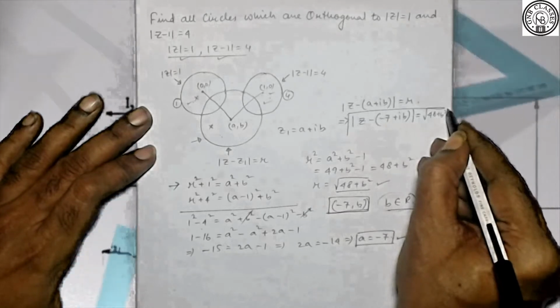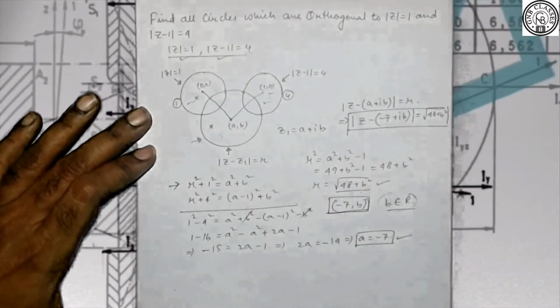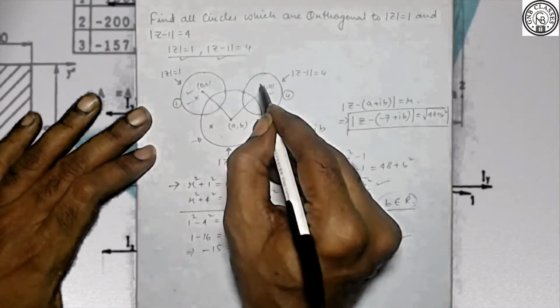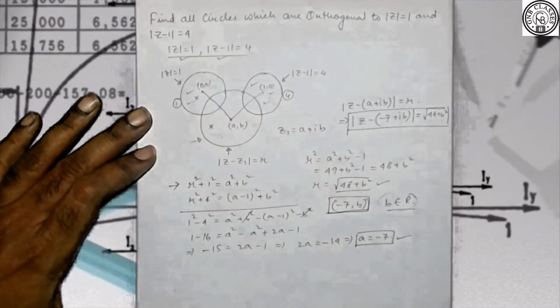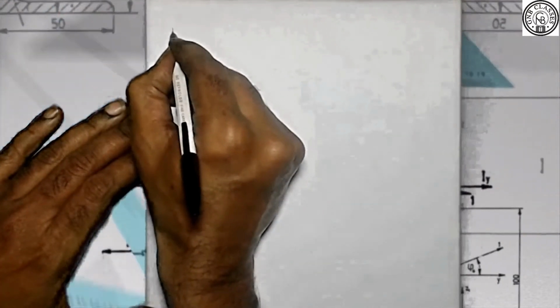So this is the system of those circles which are orthogonal to these two given circles. Is this problem clear to all of you? Okay.